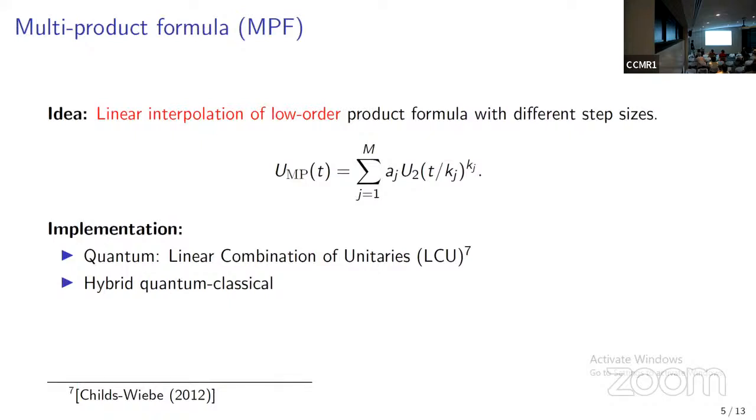So the idea of the multi-product formula is to use some lower order product formula, but we further do a linear interpolation or linear combination of many different formulas. So here is the multi-product formula. Basically, here we start with this U2, which represents the standard second order product formula. And the idea is that if we want to simulate up to time t, then we will choose a time step size that is much smaller than this t.